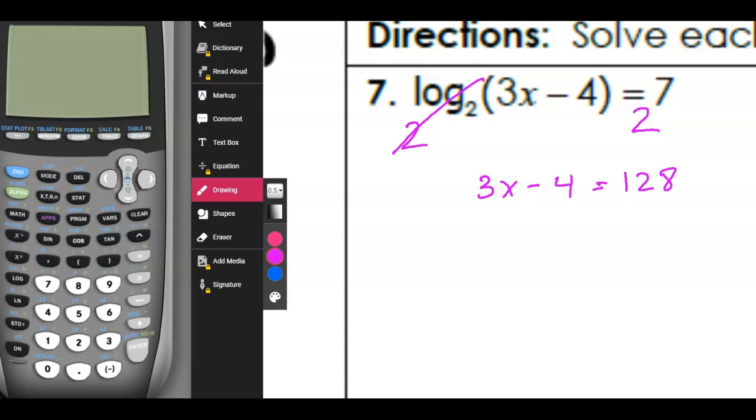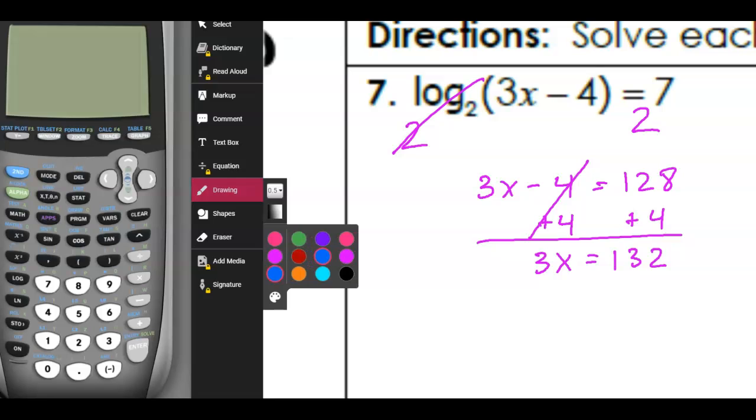Good. What did you do from there, Ava? Yes. And we got 132. Then what did you do from there? Addison. Yeah, you divide both sides by 3. And what was our final answer?